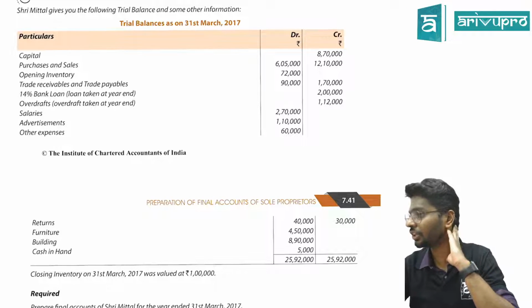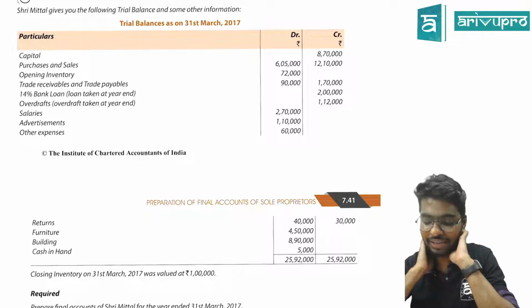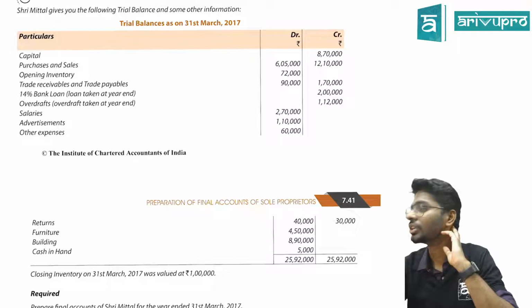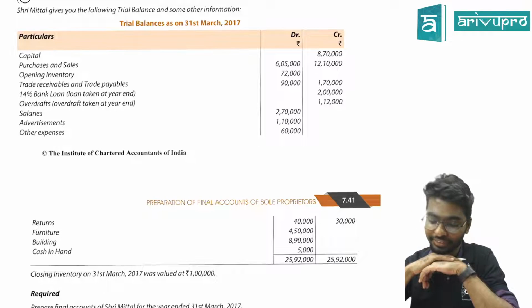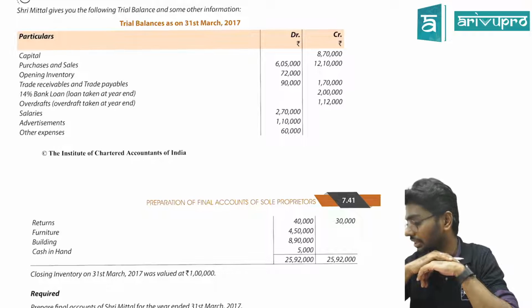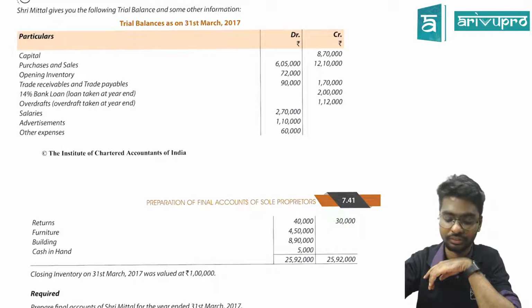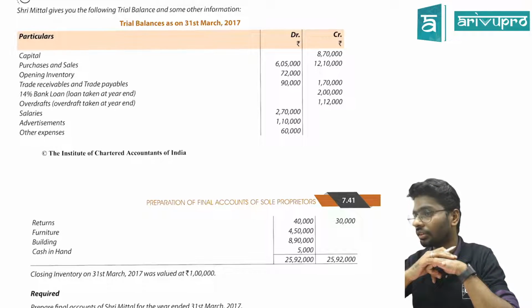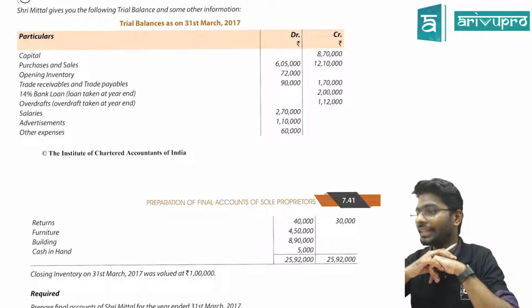I want you to make the format straight away. The question is: Sri Mittal gives you the following balances as on 31st March. So the heading for the question is going to be, in the books of Sri Mittal. First, what do you want to write? Balance sheet, trading or P&L?